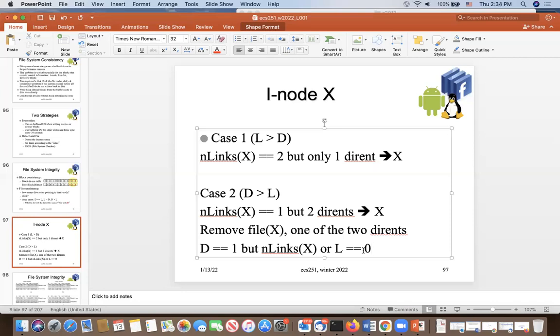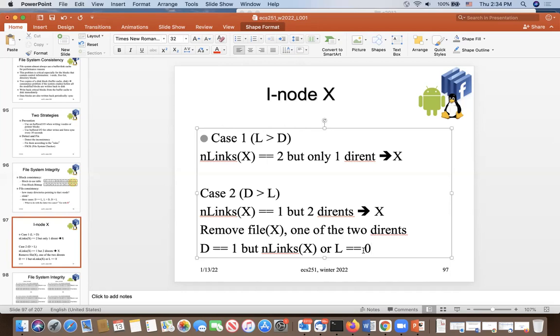This will not necessarily happen with a remove. Let me give you a scenario where this could easily happen: when you try to move one file from one directory to another directory. How often do you do this? Move one file from one folder to the other. For a short amount of time, you have 2 directory entries, one from the old directory, one from the new directory.